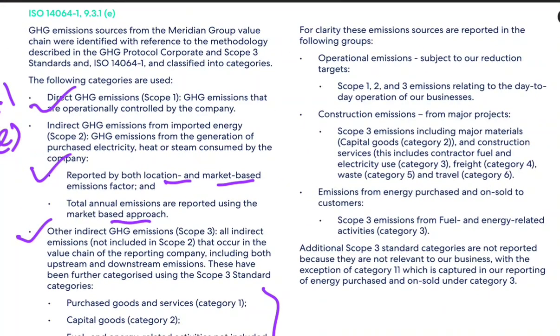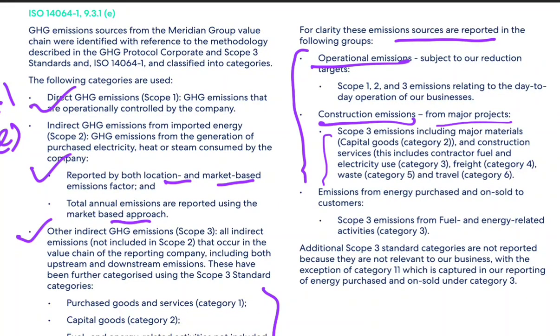Then you see operational emissions. For clarity, the emission sources are reported as operational emissions and construction emissions. Scope 1 to 3 emissions relate to day-to-day operations of the business, and then construction emissions for major projects, you can see this information also. Emissions from energy purchased and not sold to customers, and Scope 3 emissions from fuel and energy related activities are also covered here.